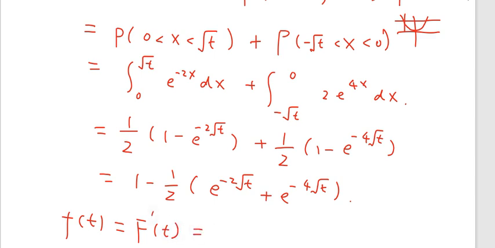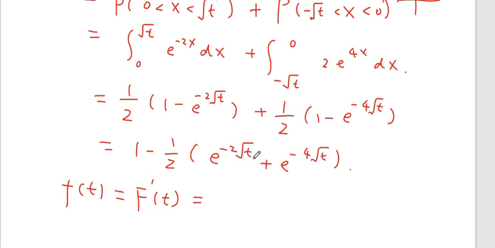This one equals e to the negative 2t, and half, and some constant. And here, negative 4t, and also some constant.